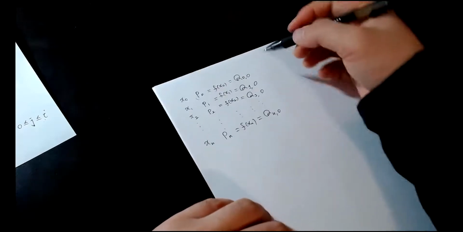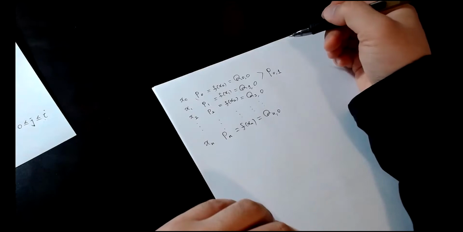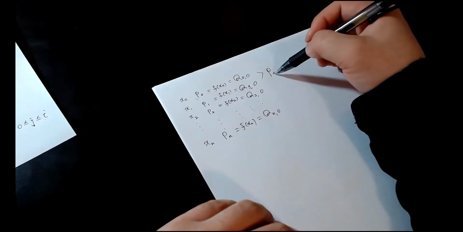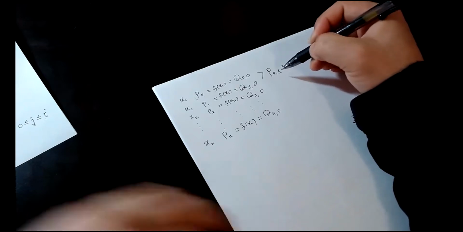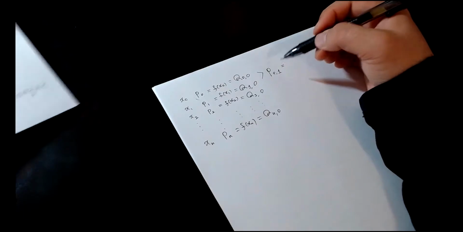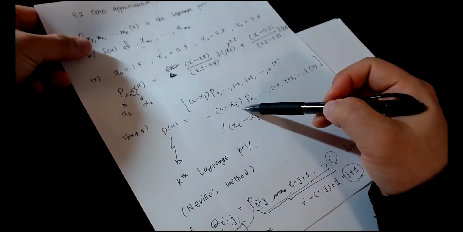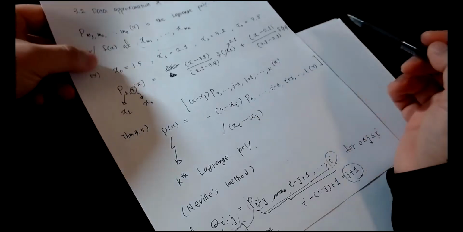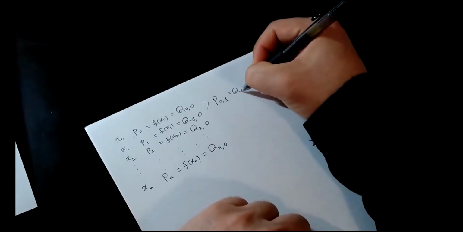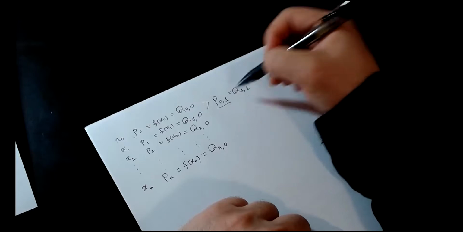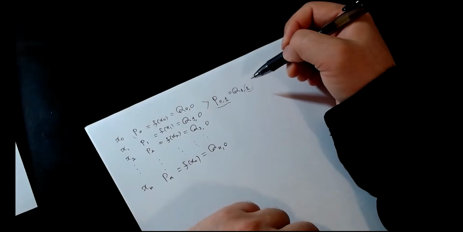Now I'm going to construct the Lagrange polynomial that agrees with f of x at x0 and x1. To construct this one, I'm going to use the formula in theorem 3.5. This is equal to Q 1,1, right? Because the degree of this polynomial is 1, and the end index of the node is 1.